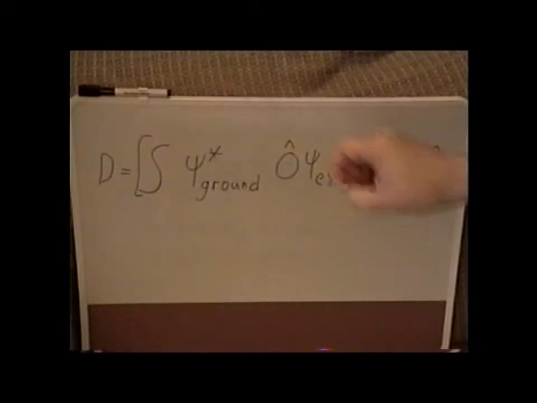So the larger that D is, the stronger the transition will be observed in spectroscopy. If D turns out to be 0, we say that the transition is forbidden. If D is greater than 0, we say that the transition is allowed.